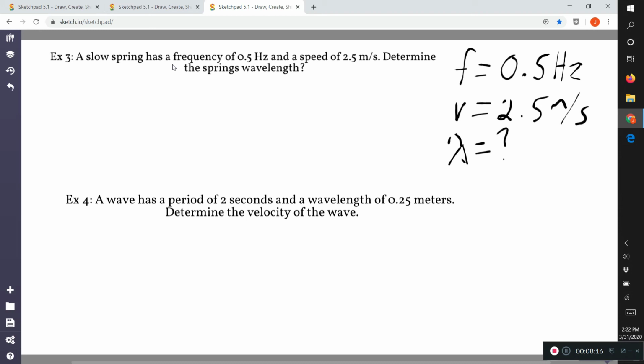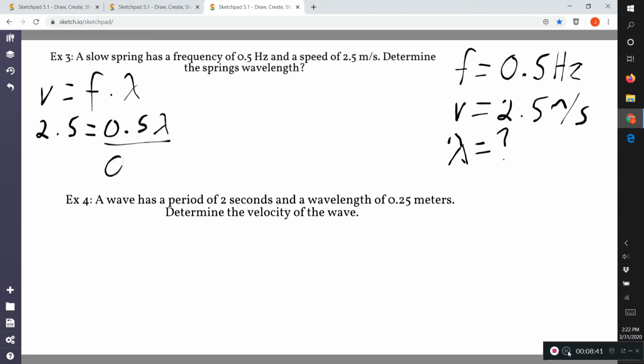So, using our formula. All right. Velocity equals frequency times lambda. Fill in the known information. I know the velocity is 2.5 meters per second. And the frequency is 0.5 hertz.